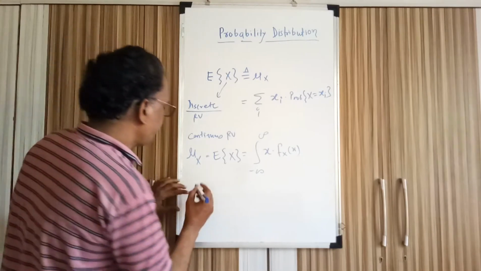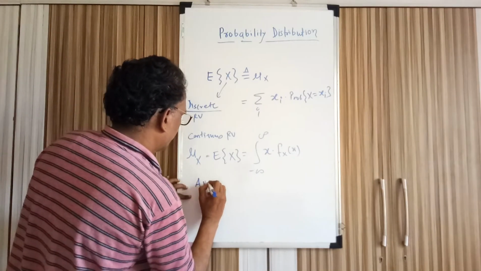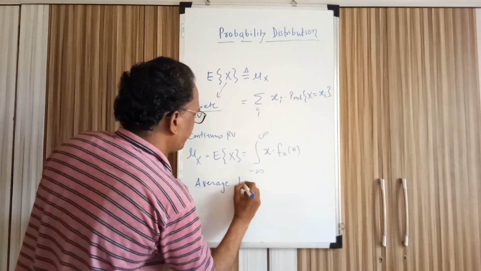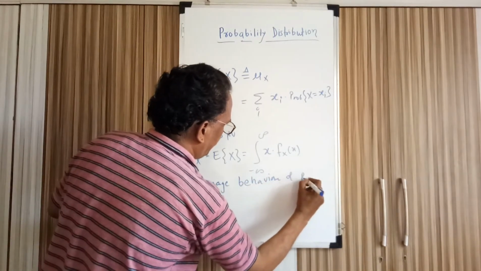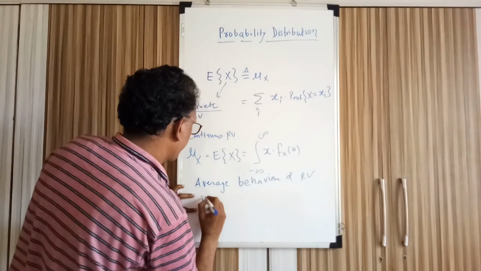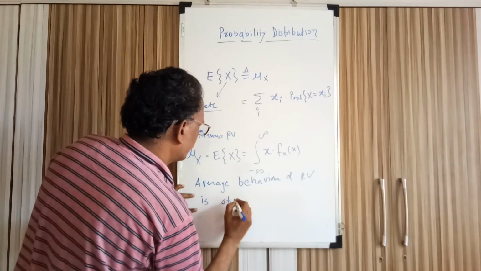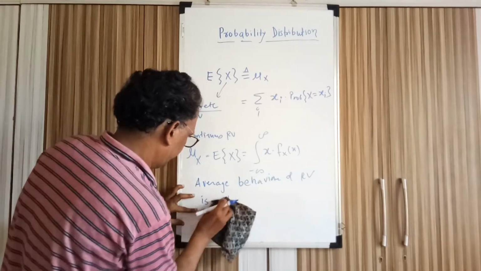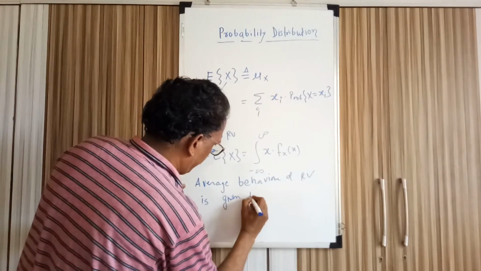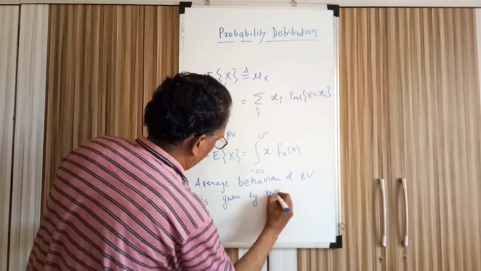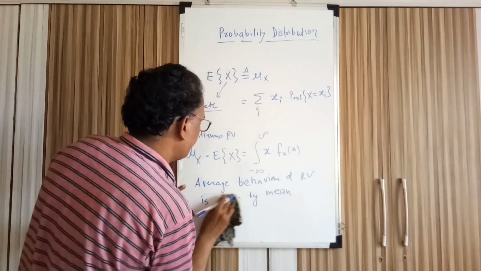So the average behavior of the random variable is given by the mean.